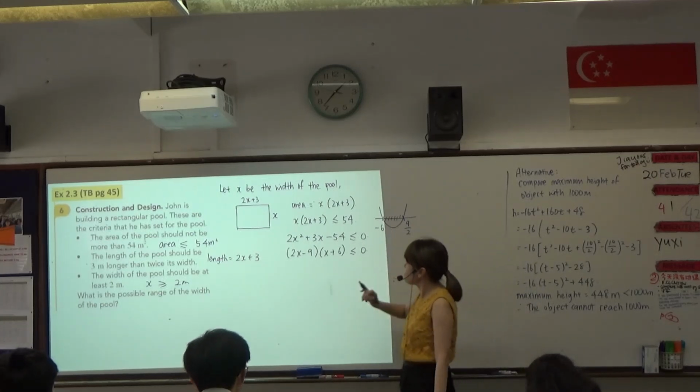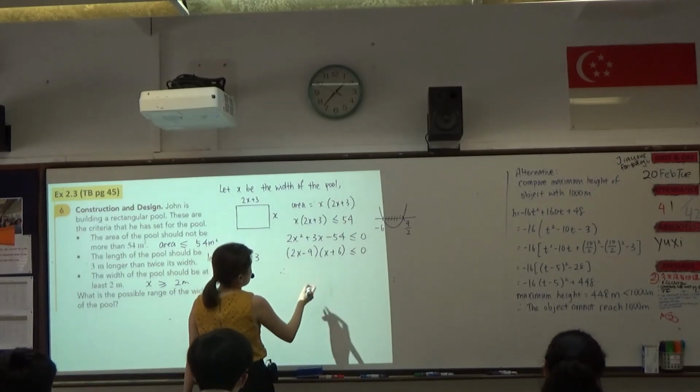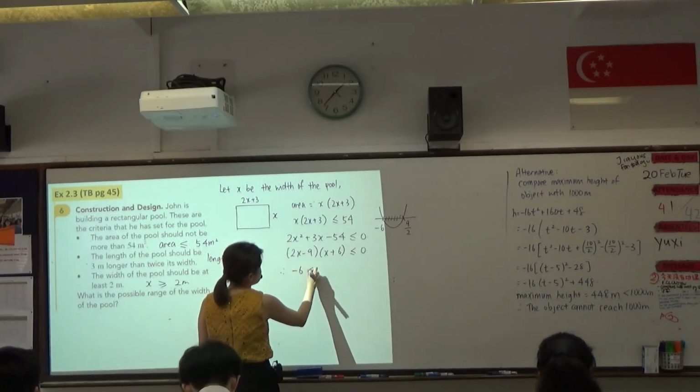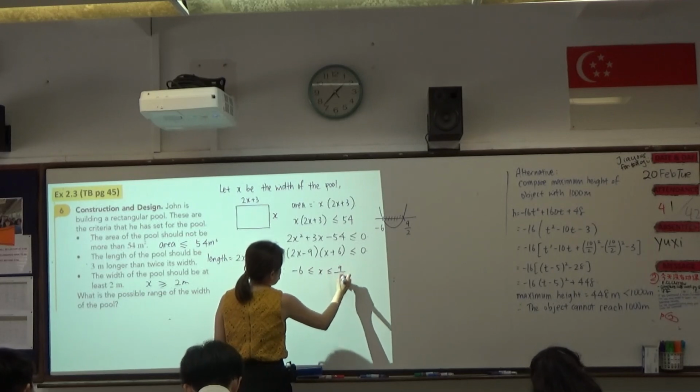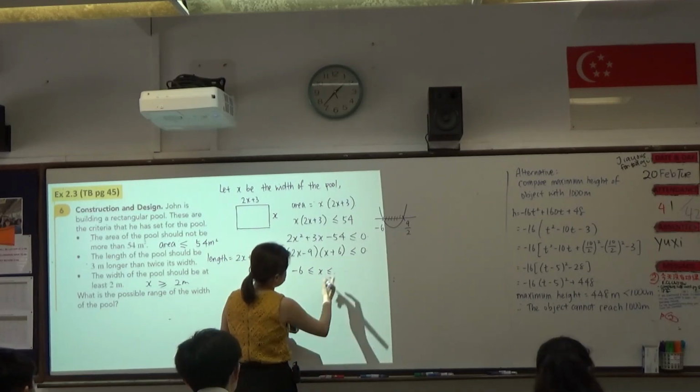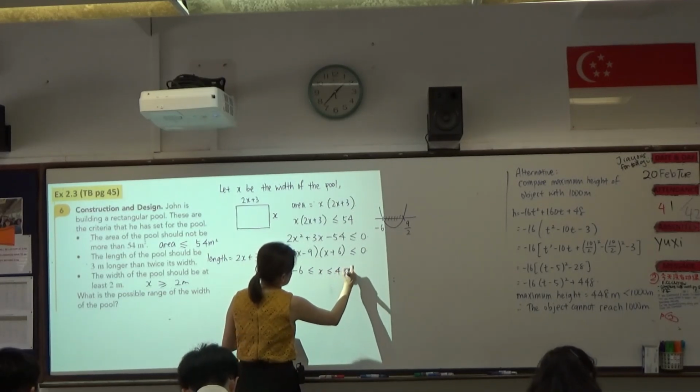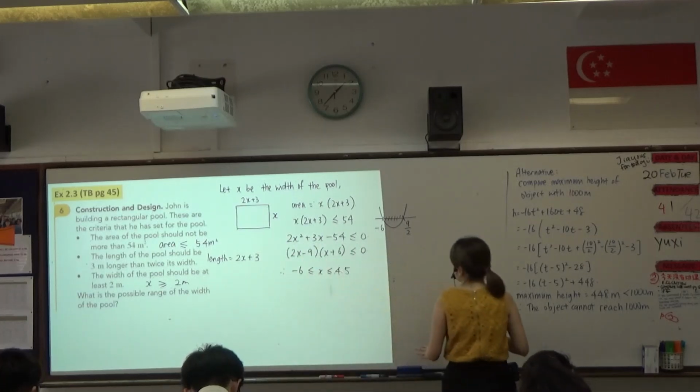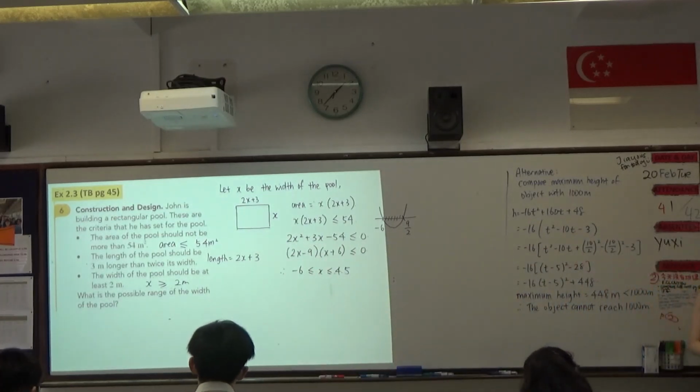So therefore our range of values of x will be negative 6 to 9 over 2, which is 4.5. If you want to write 9 over 2, not a problem. And then we leave this as our answer.